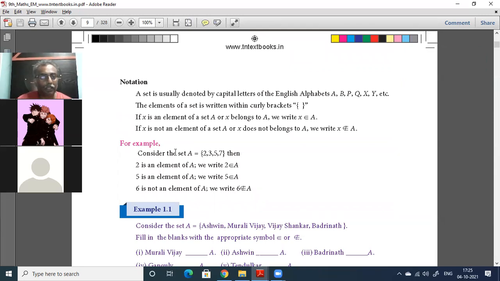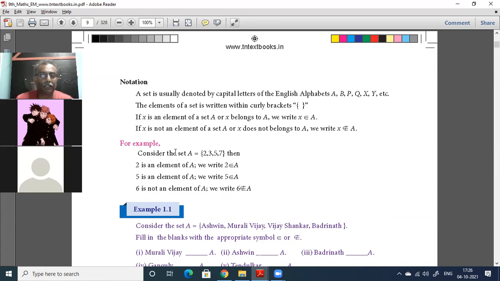Arpana said A is equal to, so that is one way to represent a set. Notation: a set is usually denoted by capital letters of the English alphabet, A, B, P, Q, X, Y, etc. The elements of a set are written within curly brackets. Both of you have finished set theory, right?